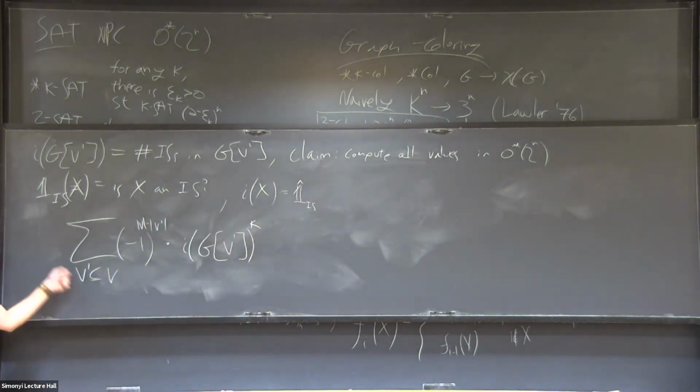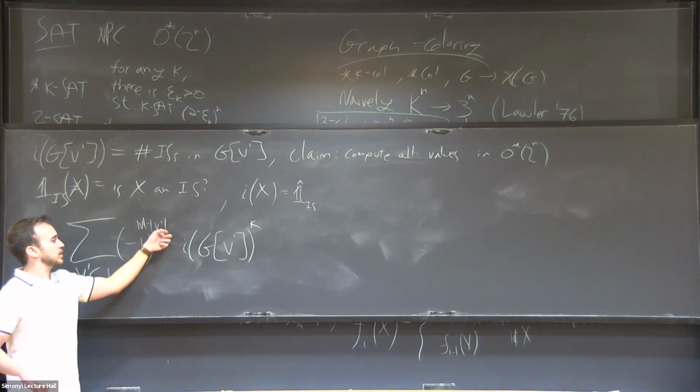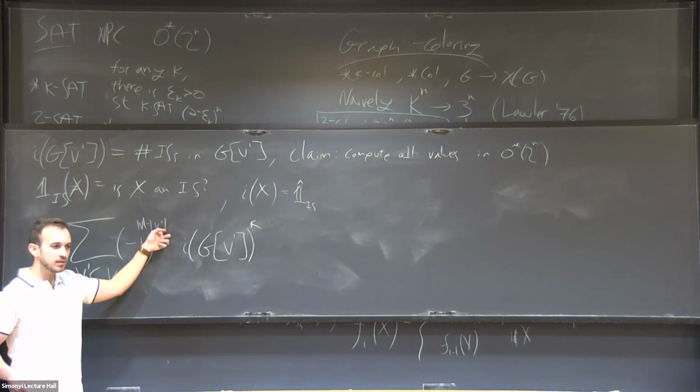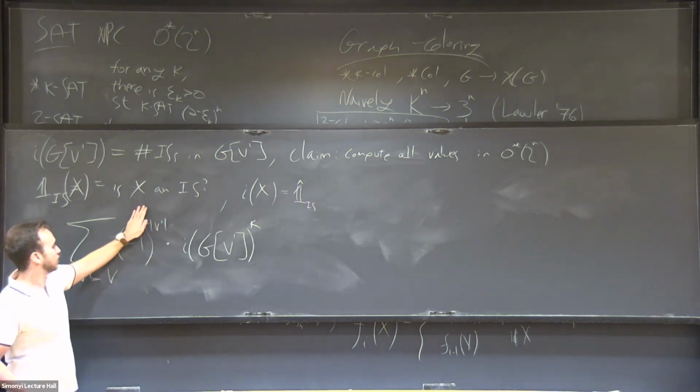Then what I will do is to compute this sum. I go over all subsets of vertices V prime. I take some sign that depends on the parity of the size of the subset of vertices. We can even ignore this; maybe we'll get minus one times what we want, but it doesn't matter.